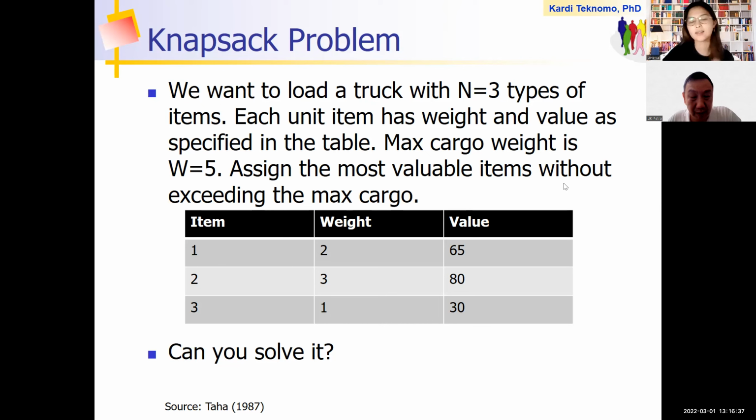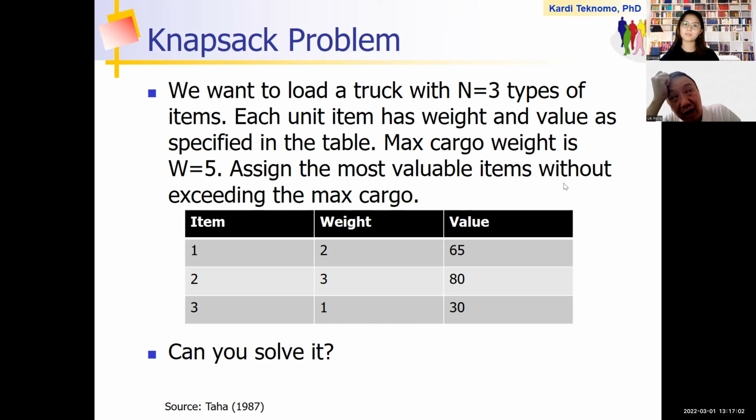Yes. Okay. So, what is the knapsack problem? Can you brief me on the definition? What is the problem in your mind? What is given?